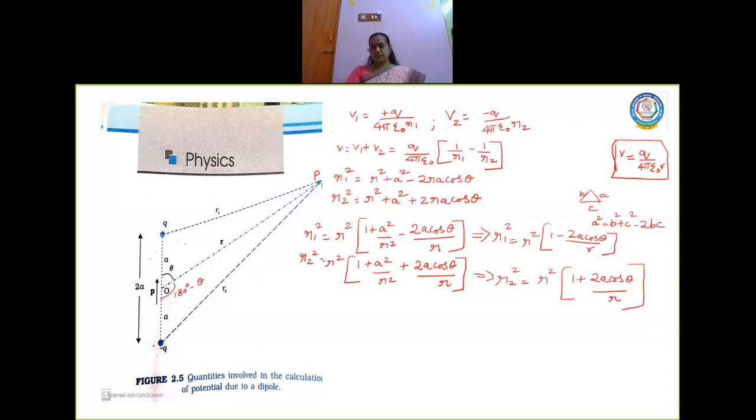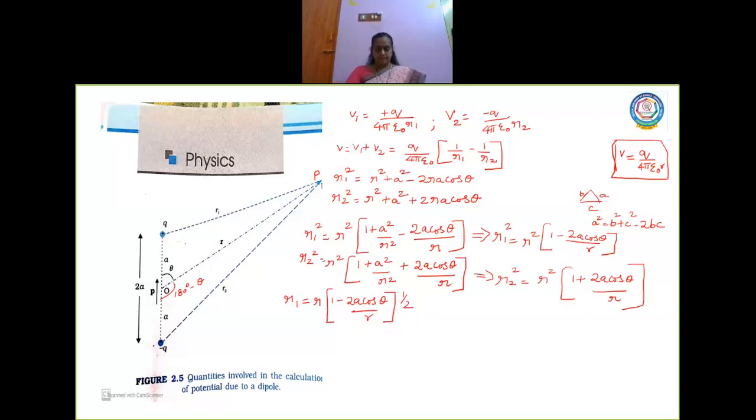Now once again I am going to simplify this term, because remember I want to have the value of r1. So before I take the value of r1, what will be r1 now? r1 will be r into 1 minus 2a cos theta by r the whole power half, correct?